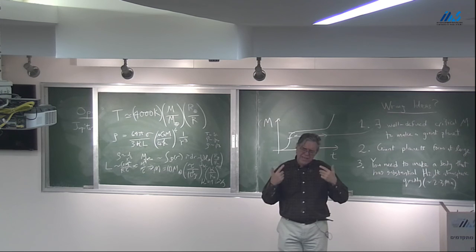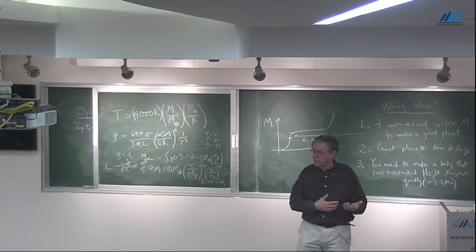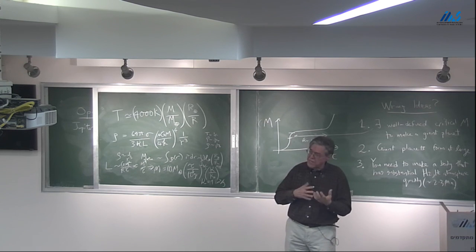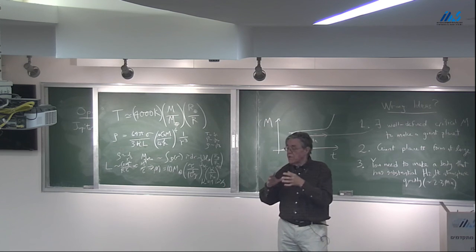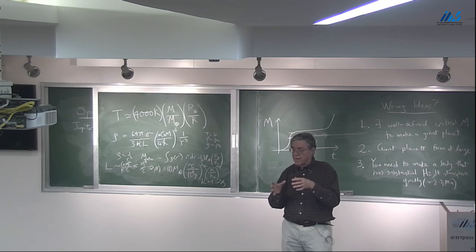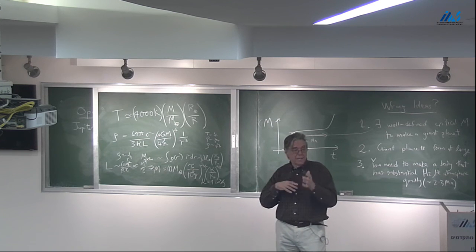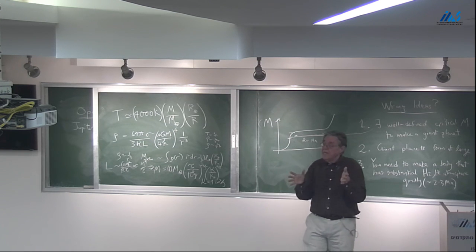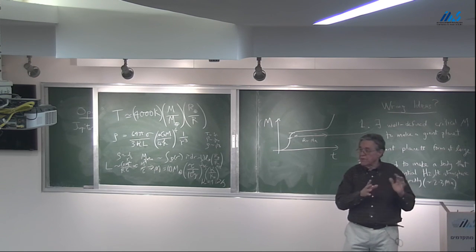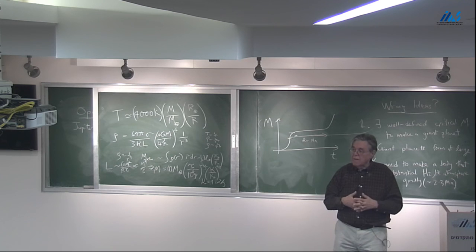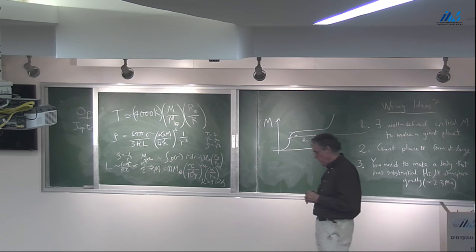Now, of course, you can't go to ridiculously low densities because then there's another piece of physics, which is how rapidly you encounter gas. These bodies, of course, are moving at a different velocity from the nebula. I didn't go into that, 100 meters per second or whatever. So there's a whole bunch of other physics, which I haven't talked about, which will come into play when you start going to very low densities.